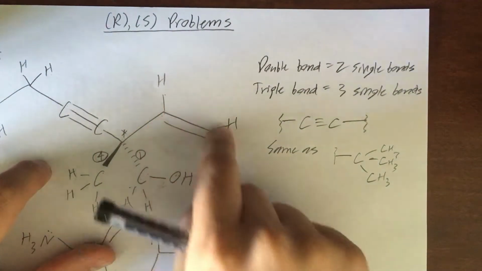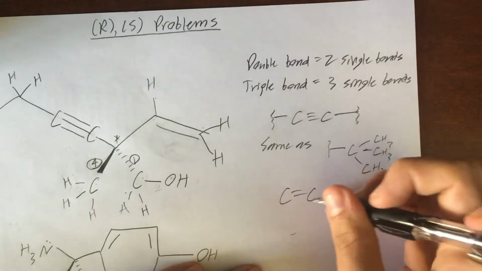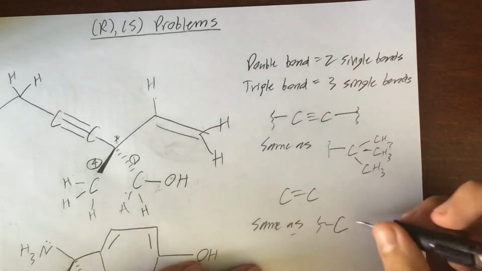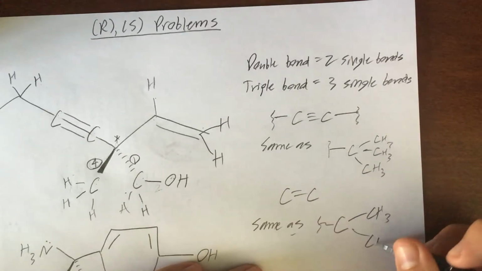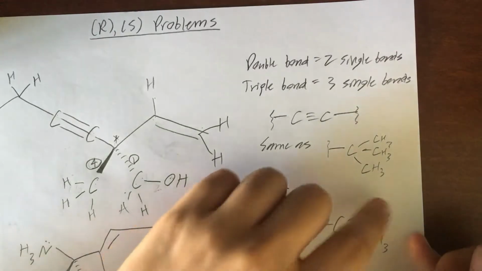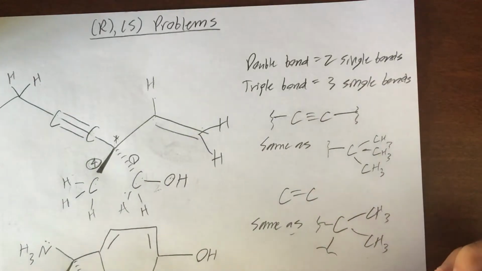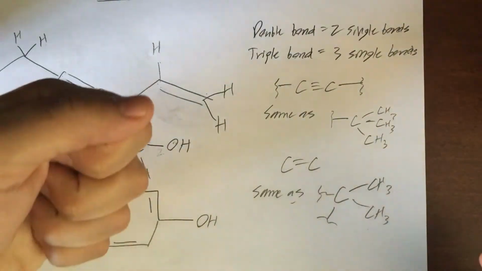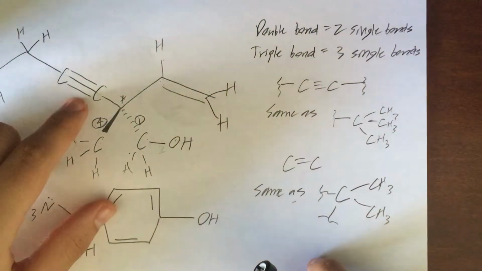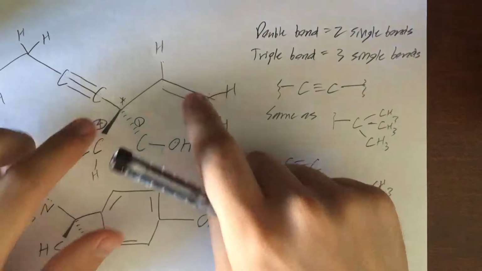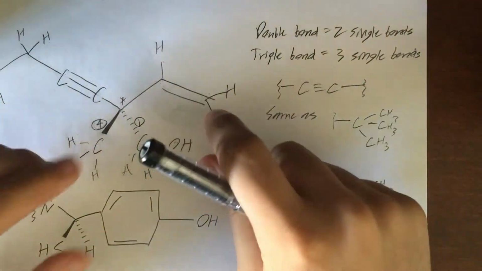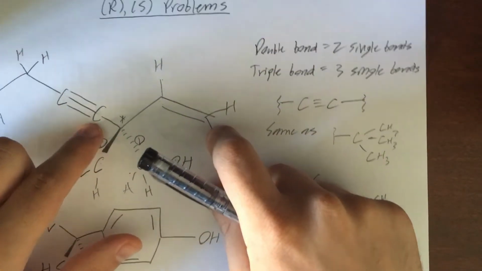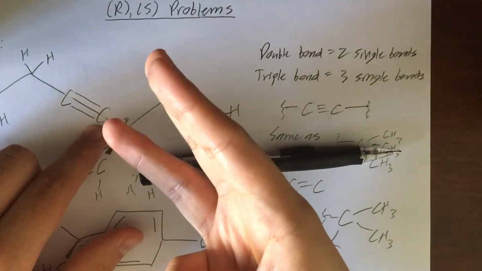Now let's look at this double bond over here. When you have a double bond, it's the same thing as this. So you have a carbon atom, and this carbon atom is bonded to 2 carbon atoms via 2 single bonds. That's how you can think of it when you're looking at the priority rules. So triple bond, double bond. This carbon atom, according to the priority rules, this triple bond is kind of like this carbon atom being bonded to 3 carbon atoms.